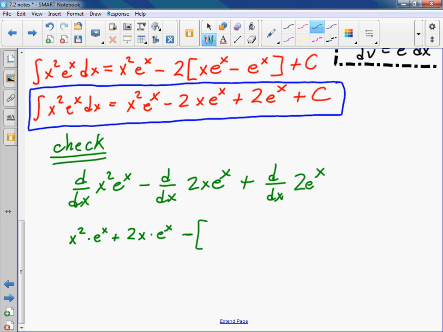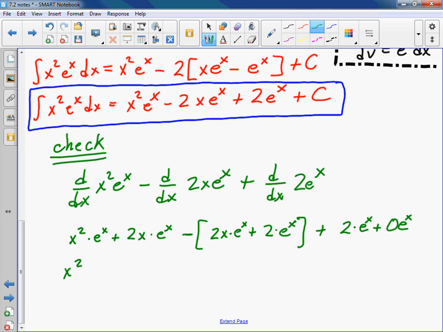The first, 2x, times the derivative of the second, e to the x, plus the derivative of the first, 2, times the second, e to the x, plus the first, 2, times the derivative of the second, plus the derivative of the first, 0, times the second, e to the x. Okay, let's keep going.